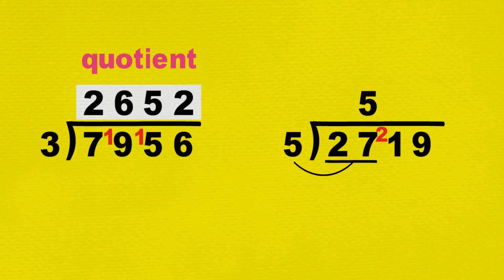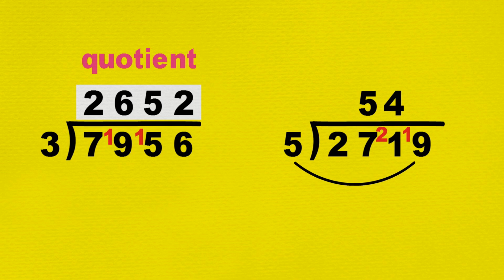So then next we divide 5 into 21, not just 1. 5 into 21 goes 4 times and 1 left over. We write the 4 above the line, right above the 21, and the leftover 1 is put in front of the 9 to make it 19.